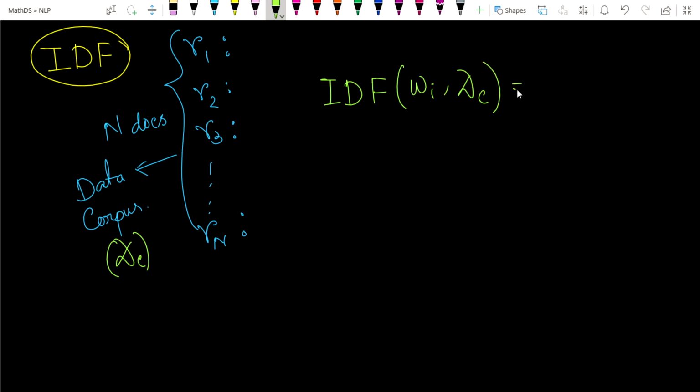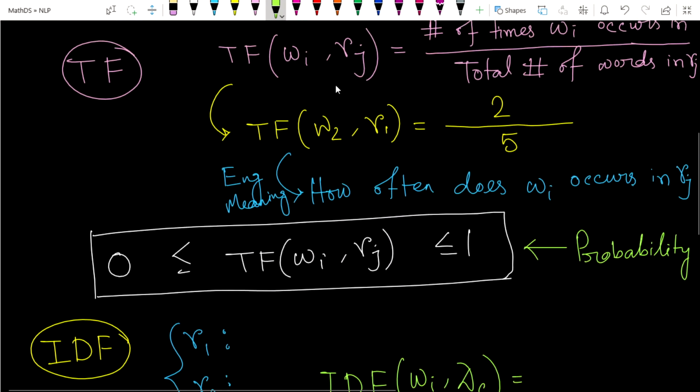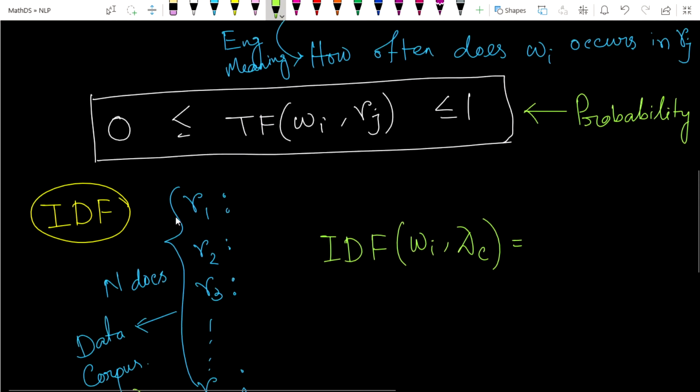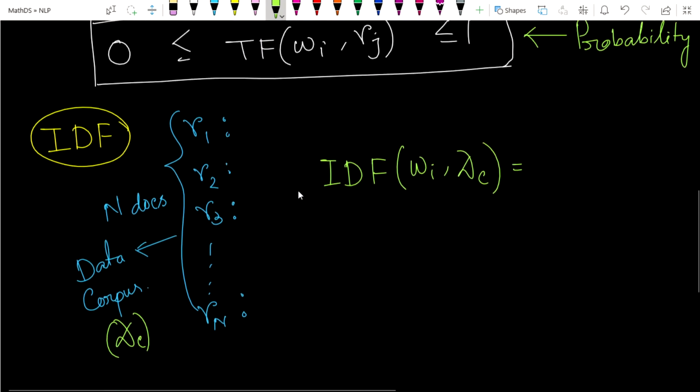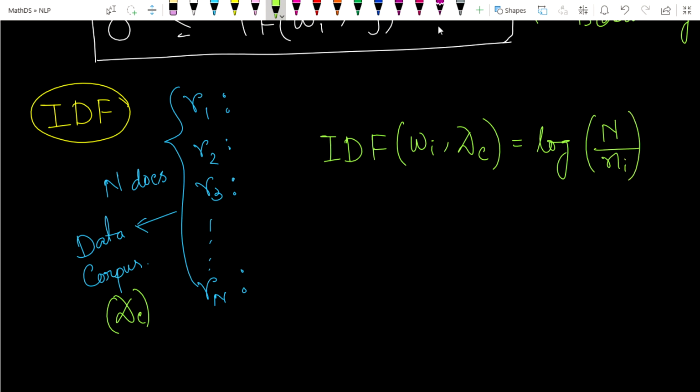In term frequency, we find the frequency of a word for a particular sentence. But for IDF, we find it for a particular word in the whole set of documents. That's the main difference. And its formula will be log of capital N divided by small n. What is this? This capital N means the number of documents. We have seen this is the number of documents.